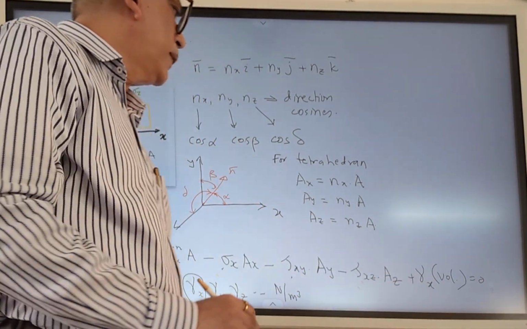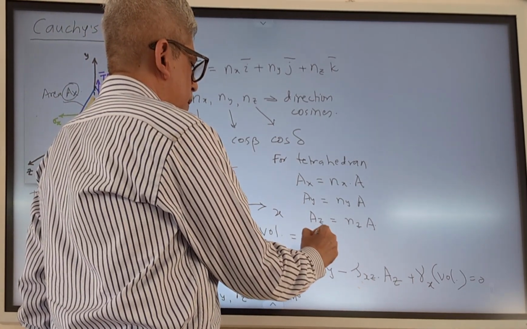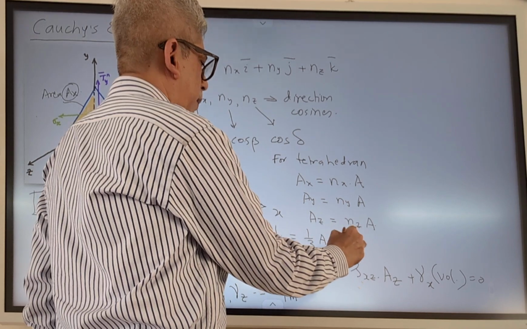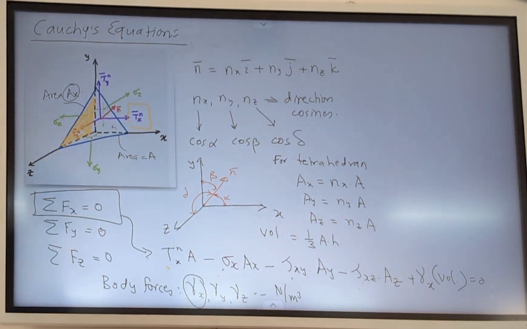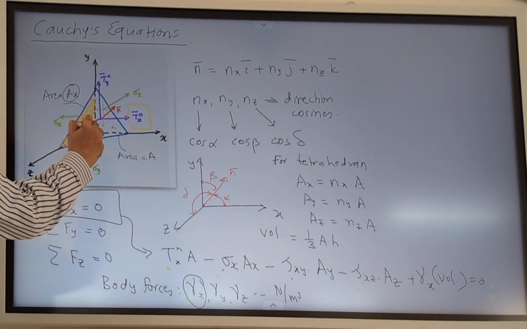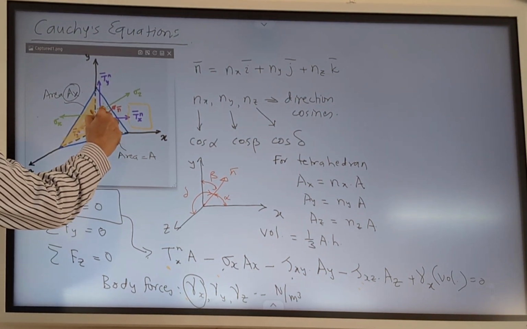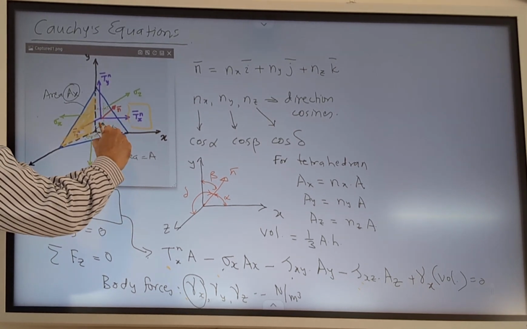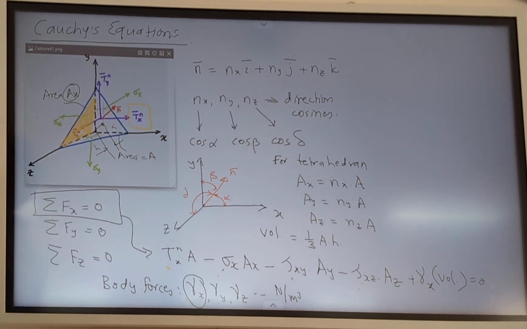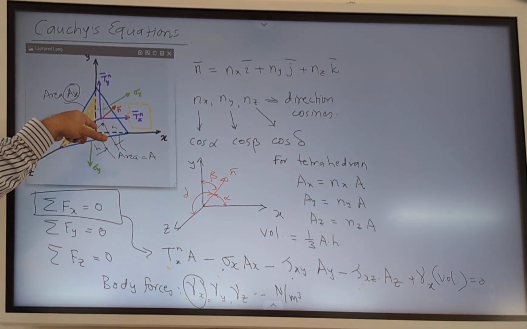And the volume of this tetrahedron is given as 1/3 A multiplied by h. That is another geometric relationship, where h is the distance from the vertex. If you calculate the height of this tetrahedron, this is h, from the origin of this particular tetrahedron.